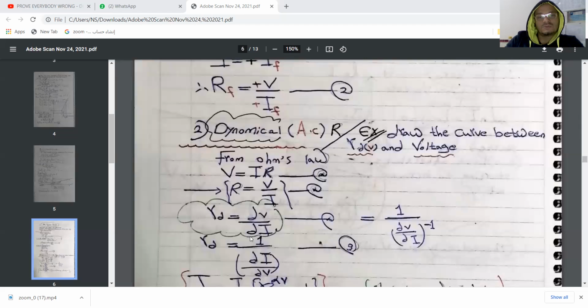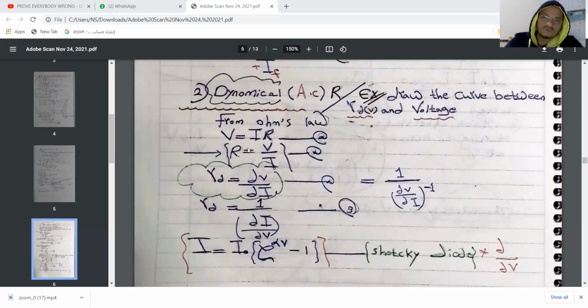Now we are talking about the second kind of resistance, the dynamic resistance, or we can say alternating current resistance. Let's work on this example. Draw the curve between the dynamic resistance and voltage. Dynamic resistance will be on the y-axis, voltage on the x-axis.